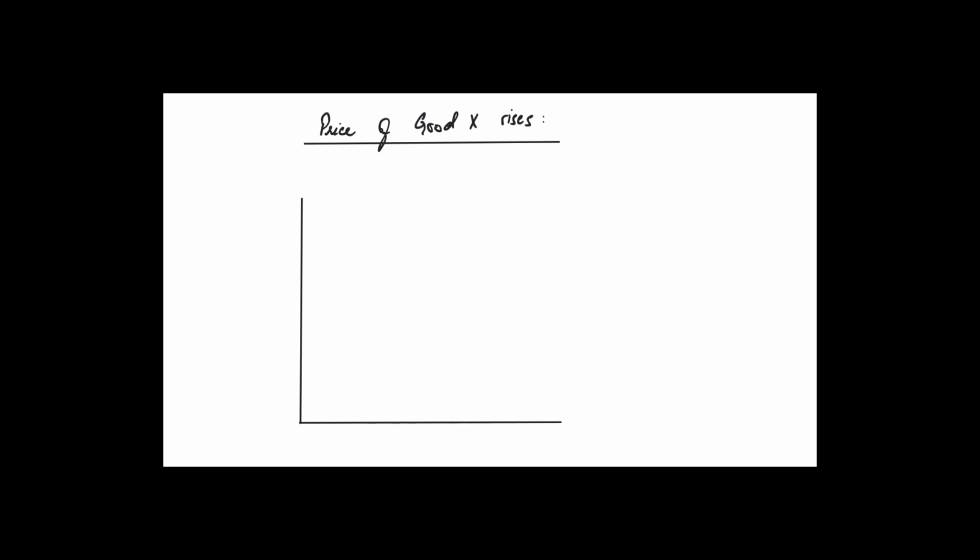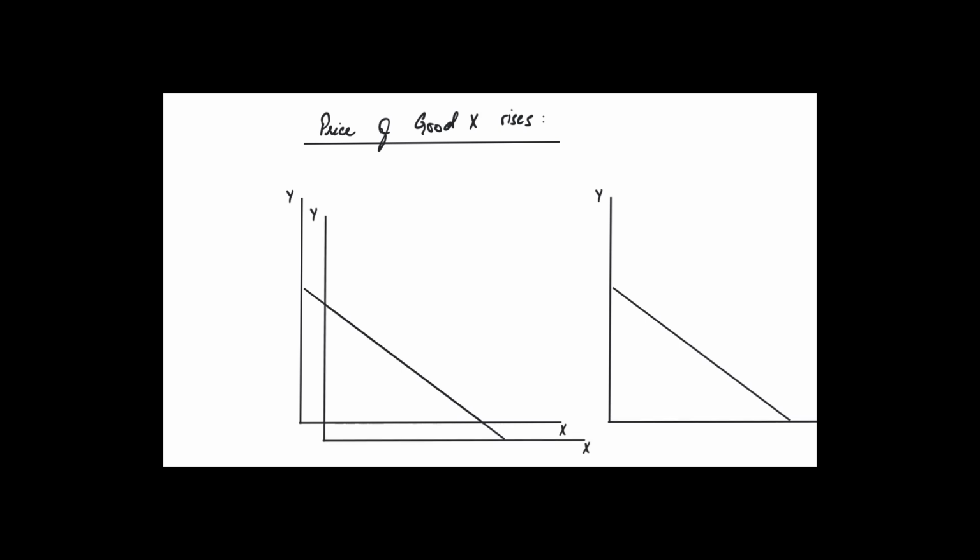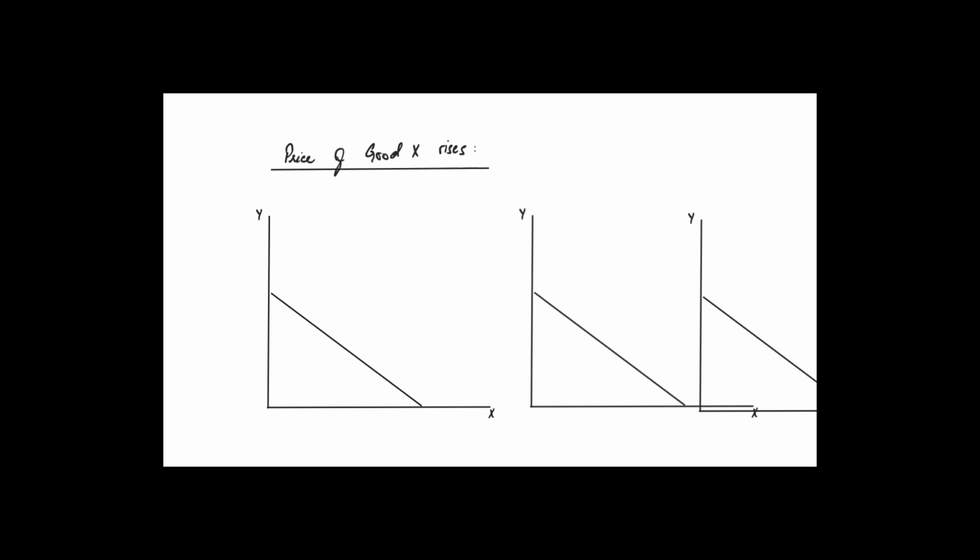So that's good Y, that's good X. We're going to start with a little lower on the y-axis, and you'll see why I'm actually doing that. Okay, so we have to make 3 diagrams.